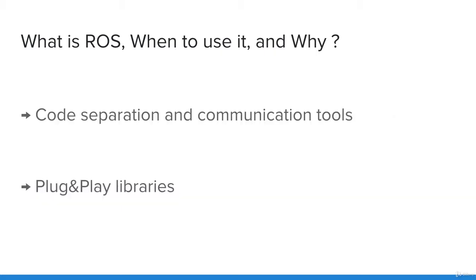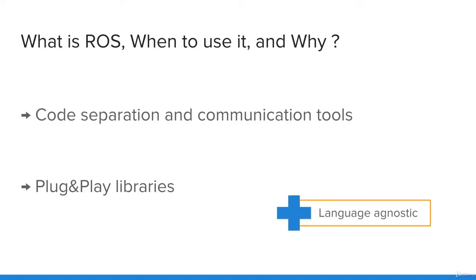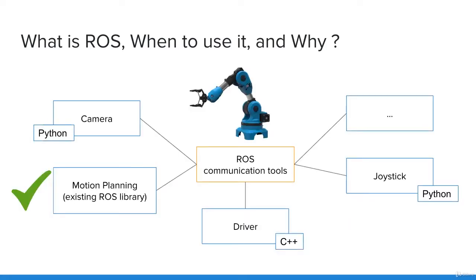So you have great communication tools and great libraries. That's not all. ROS is said to be language agnostic. It means that you can program some parts of your application in a programming language and another part in another programming language simply because the communication tools don't rely on a specific language. So in this course, we will not go into all the external libraries that exist for many different robots.